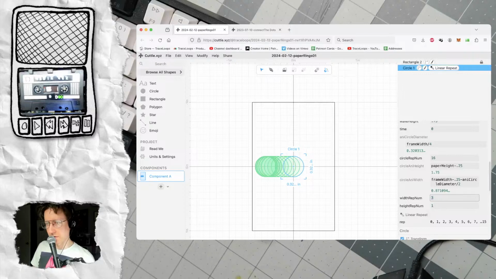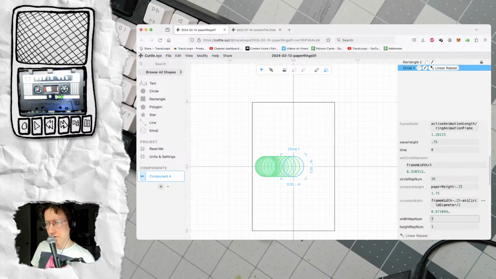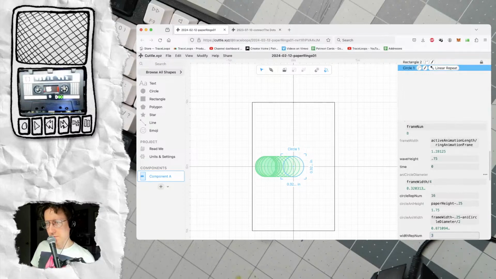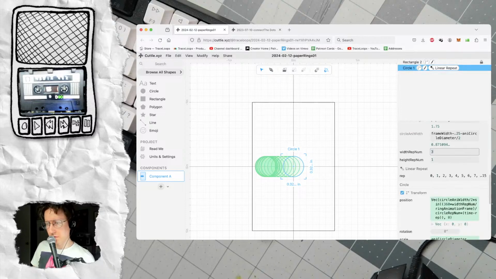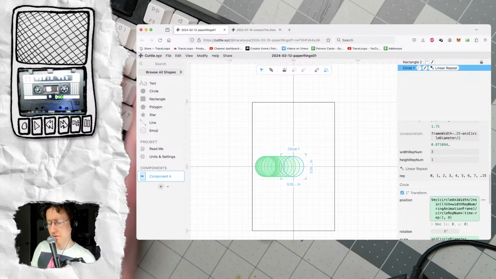Okay, this is ring animation frame, width rep num divided by circle rep num times time minus rep times 2 times 3 times 4.